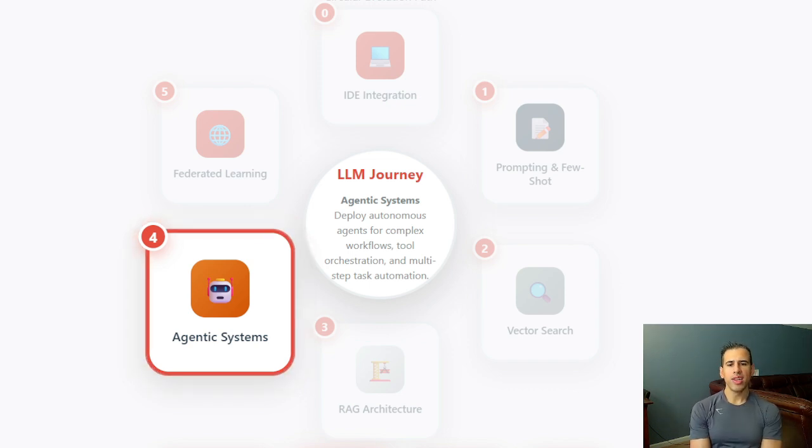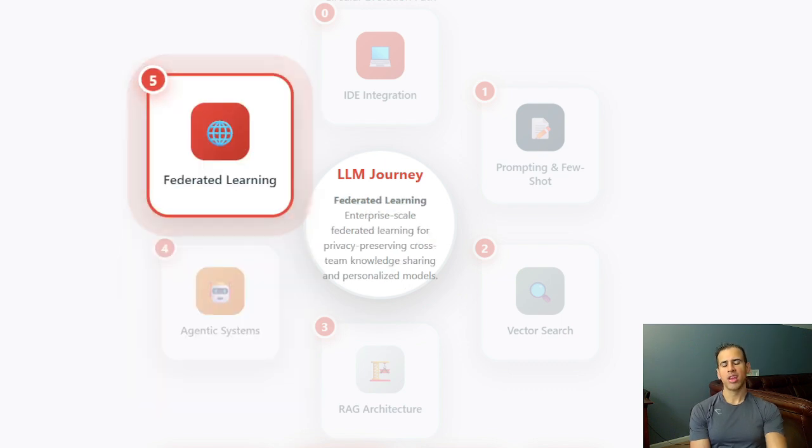And now finally, beyond the agentic systems, for more complex, mature organizations, there is a concept of federated learning, where let's say you have a multi-tenant system where each customer has their own data. Now you can have an LLM that is fine-tuned per customer, but essentially that's only going to work within that customer's data.